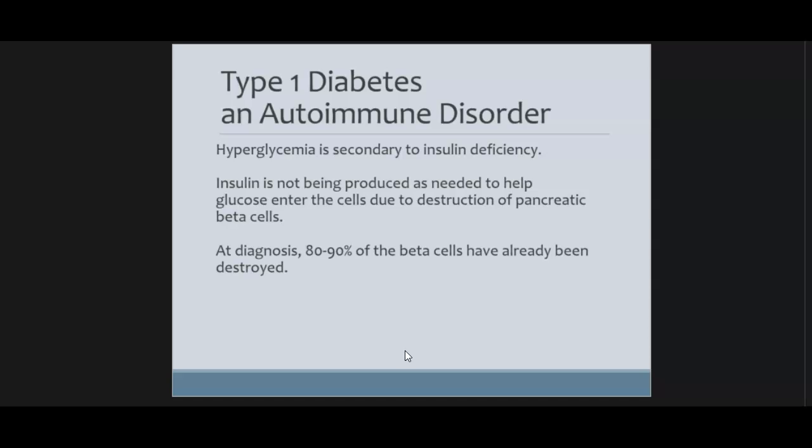At diagnosis, 80 to 90% of the beta cells have already been destroyed. They may have a little bit of ability to make insulin by the time the disease gets diagnosed, but very soon after, it pretty much shuts down, and then they have to fully supplement their insulin.